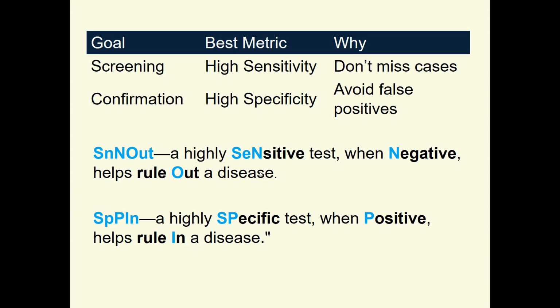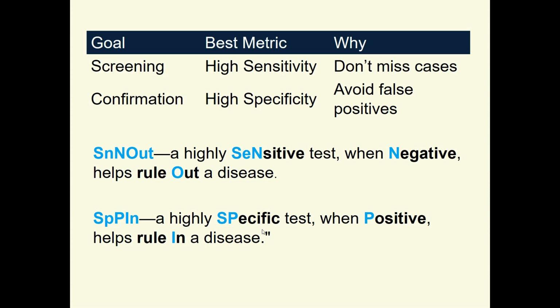These two mnemonics are very powerful and widely used for understanding these concepts, because board questions can ask you in various different ways to test your grasp of specificity and sensitivity. So it can be summarized: sensitivity, negative, rules out the disease, whereas specificity, positive, rules in for confirmation of the disease.